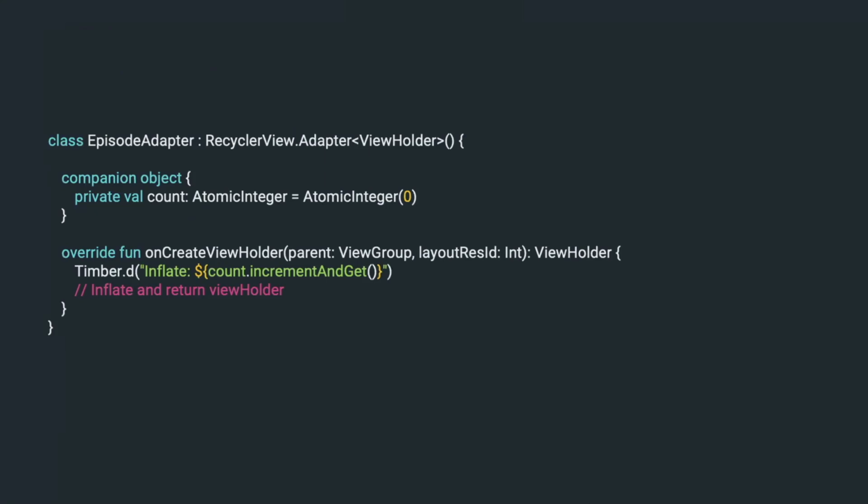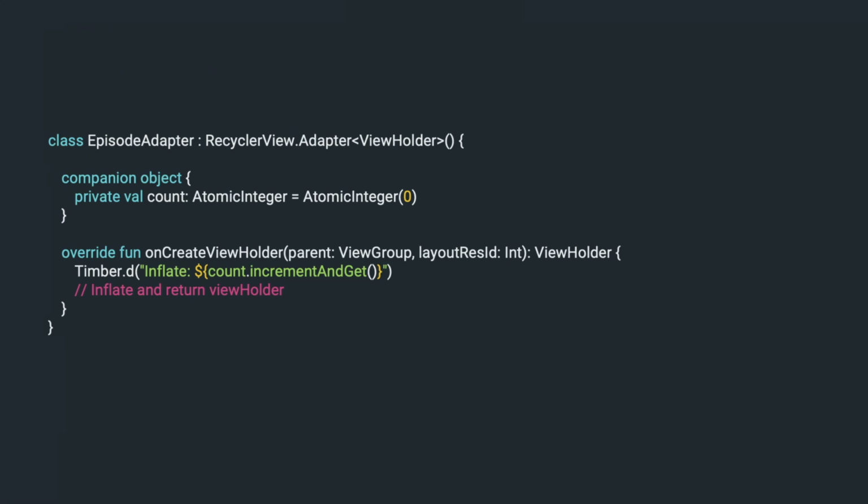Once we had this set up, we wanted to measure if this really made any kind of difference in the inflations that we were encountering in our app. So to do that, we created an atomic integer and incremented it every time your onCreateViewHolder method was being called.